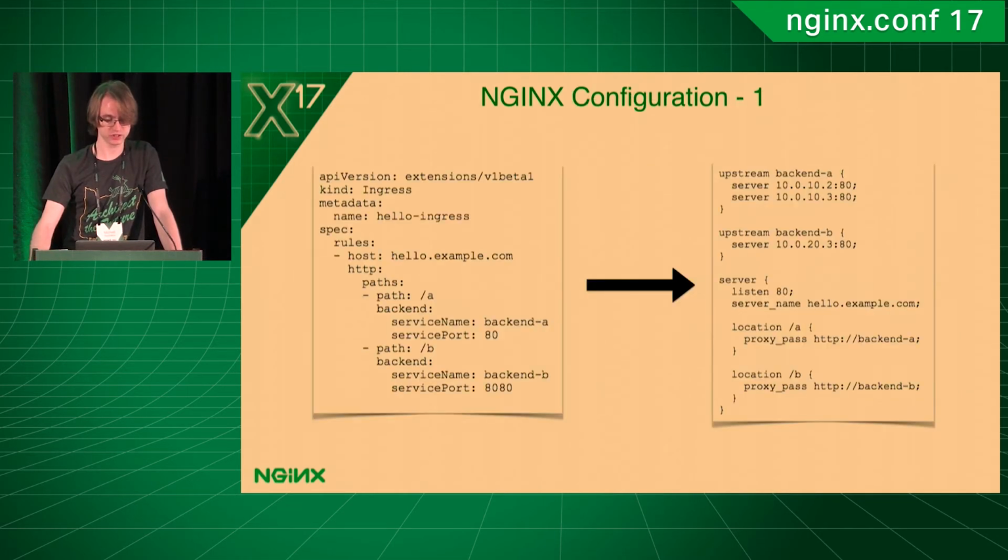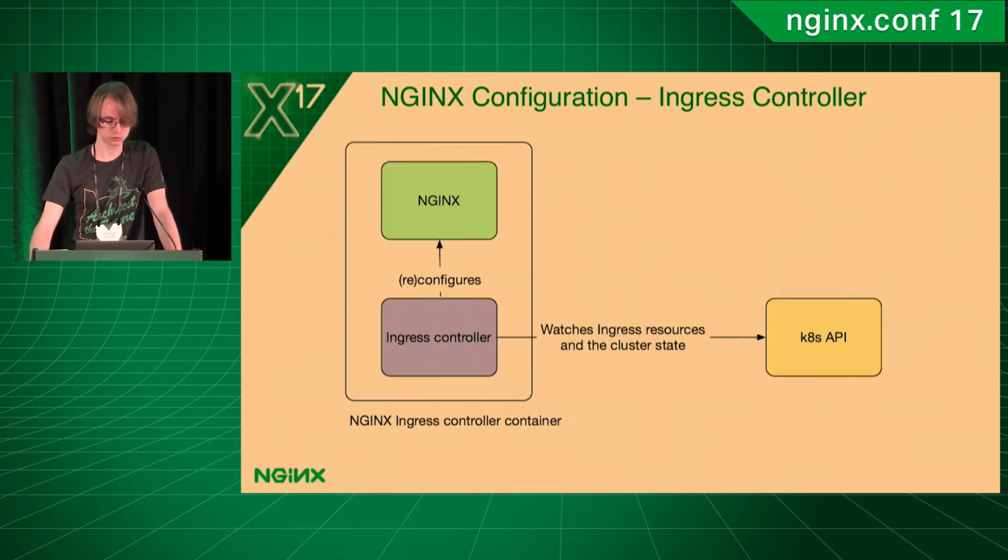But NGINX doesn't support Ingress resources natively. We need to somehow translate that Ingress configuration into NGINX configuration. So there is a piece of software called Ingress Controller, and this software runs alongside NGINX in the same container.